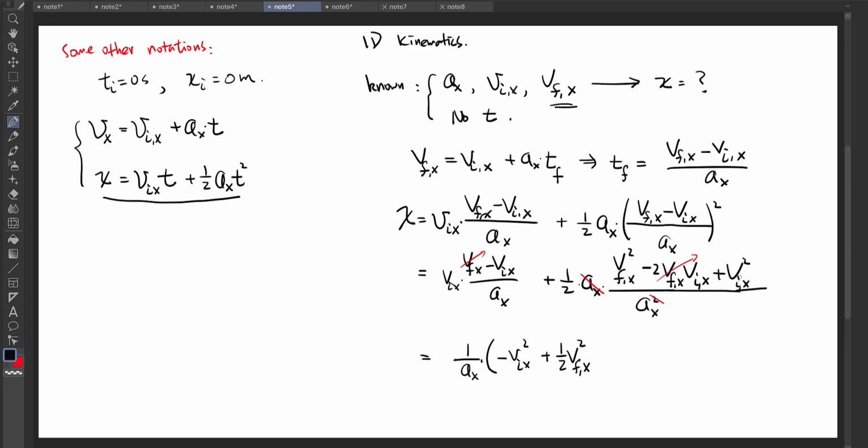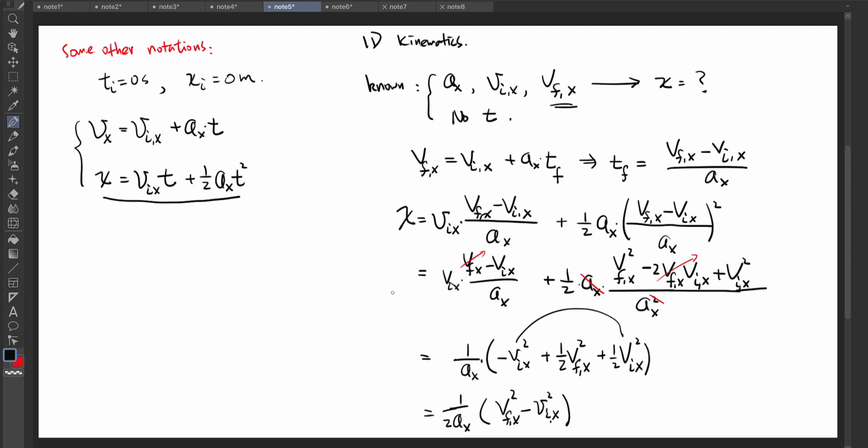And the last term here will be positive 1/2 v initial x squared. Okay, and these two terms can be combined. Let's also pull out the 1/2 factor because they are the same, so that we have v final x squared minus v initial x squared.